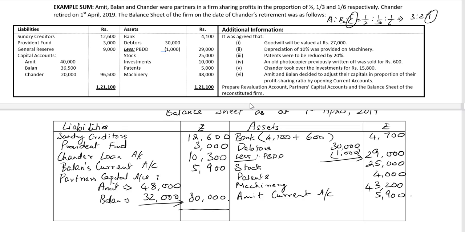All the items are done. We'll check if the balance sheet is tallying. Liability side total is 1,11,800.